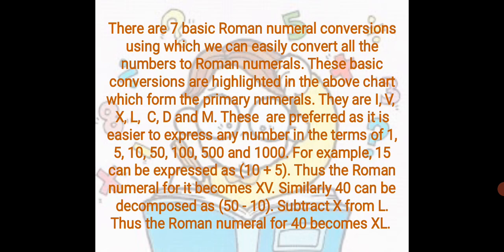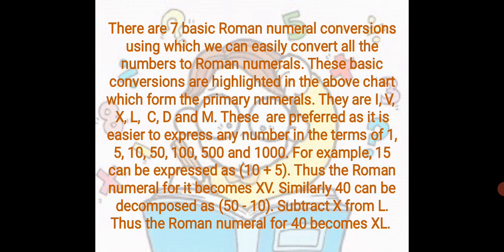They are, children, I, V, X, L, C, D and M. These are preferred as it is easier to express any number in terms of 1, 5, 10, 50, 100, 500 and 1000.